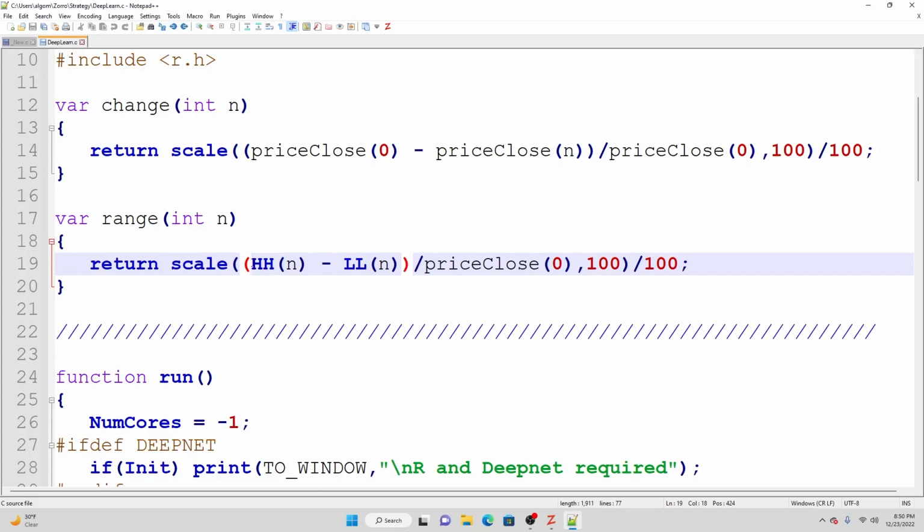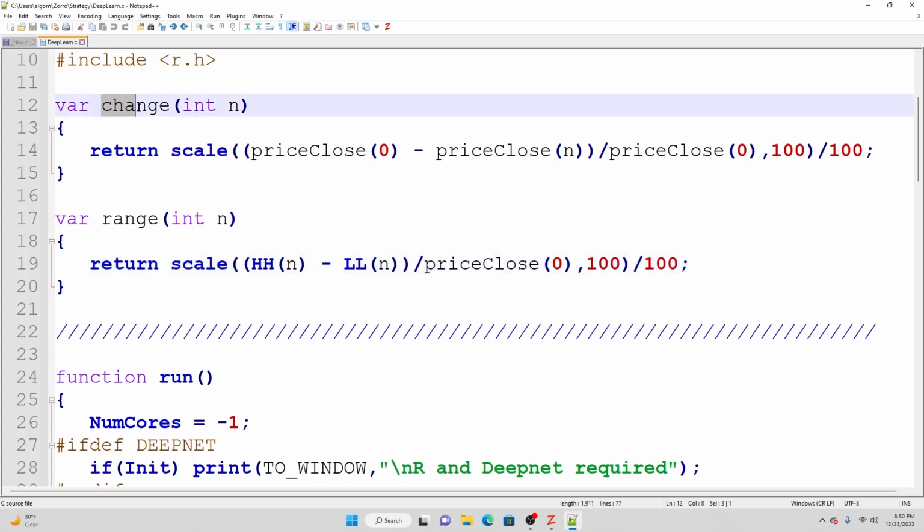Basically, this is a measure of volatility. It's a number between -1 and 1 that reflects the volatility of the price over the last n variables.